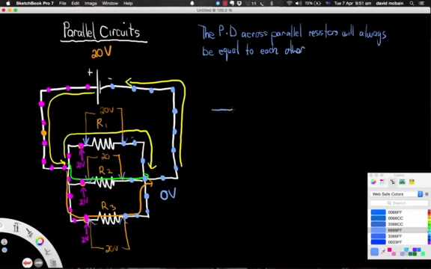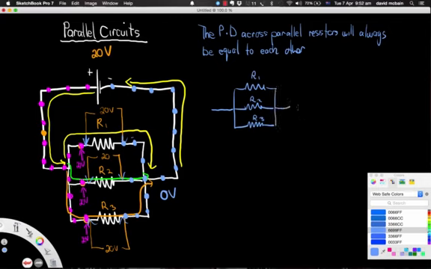So just to summarize that in a neat little diagram, if I've got 3 resistors, R1, R2, R3, and I could have more in there, I could have R4, R5, I could keep going if I wanted.